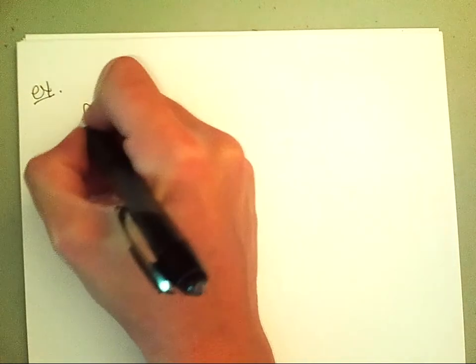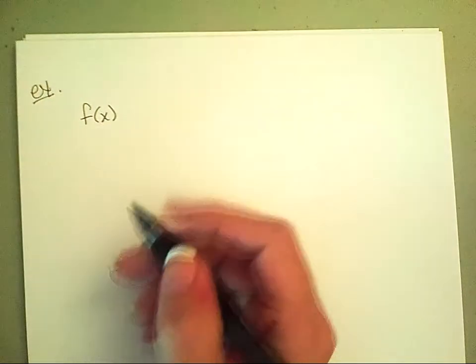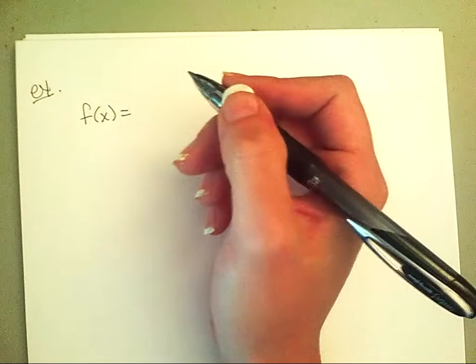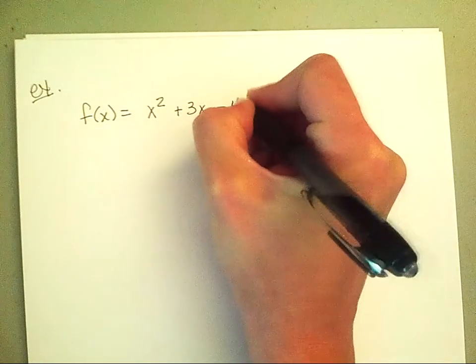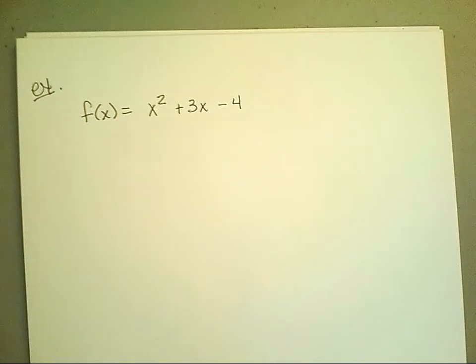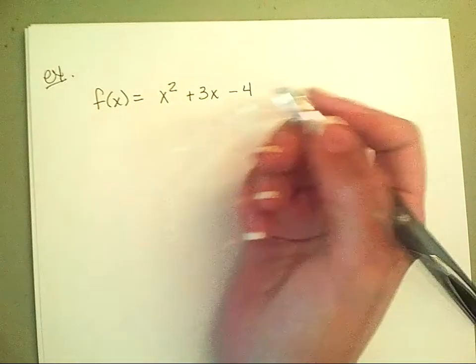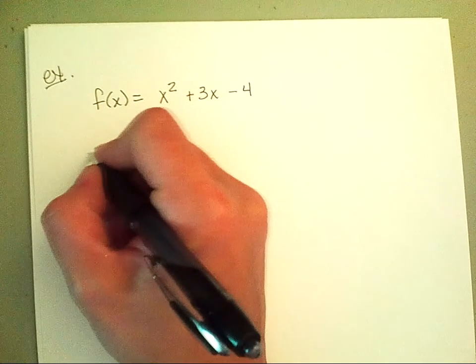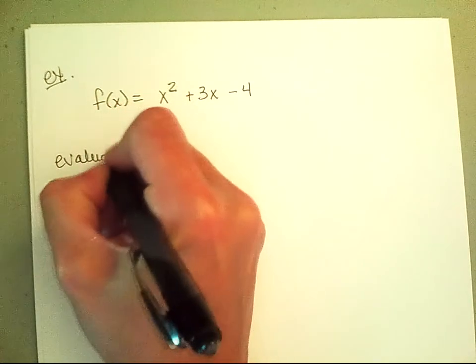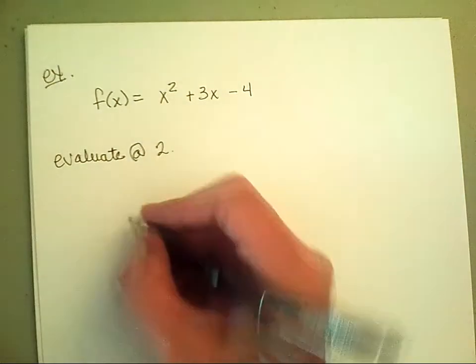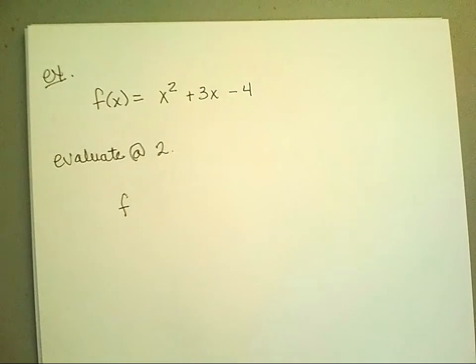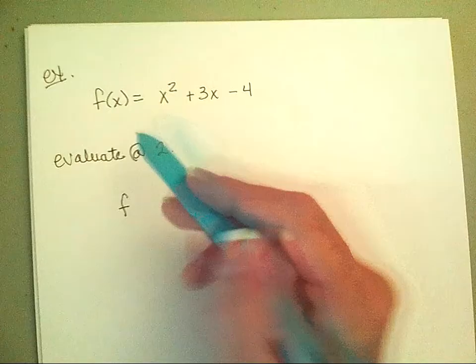So for example, if we had f of x, okay, this is our function, and it is defined as x squared plus 3x minus 4, we can evaluate this at various values. For example, let's evaluate it at 2.